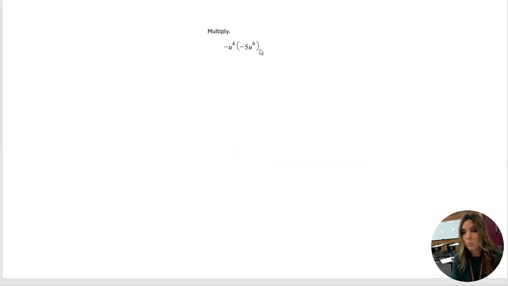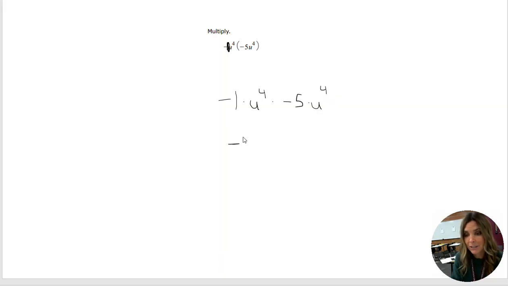And then I wanted to do one more where you were multiplying and you had to use the multiplying like bases rule. So this is really a -1 times u to the 4th times -5 times u to the 4th.